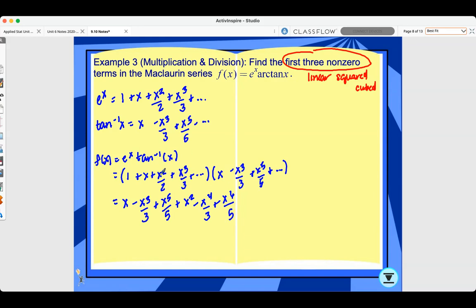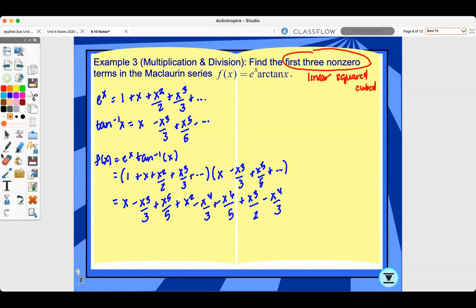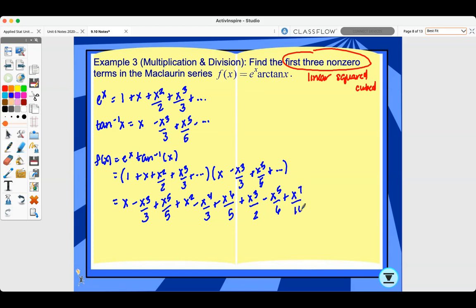And then I would take my next term and multiply that through and get plus x cubed over 2 minus x to the 5th over 6, sorry, plus x to the 7th over 10.